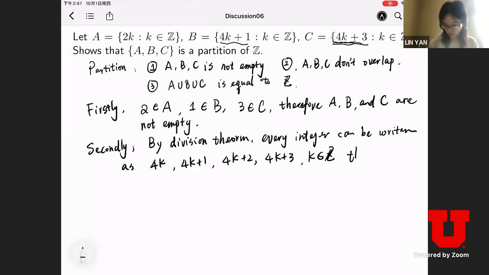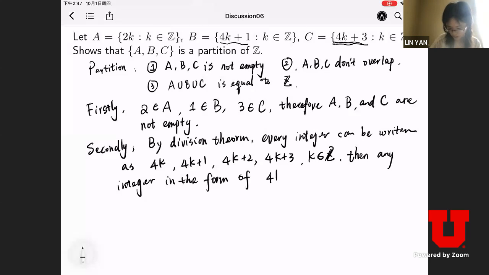Then any integer in the form of 4k or 4k plus 2 is from set A. Do you agree?